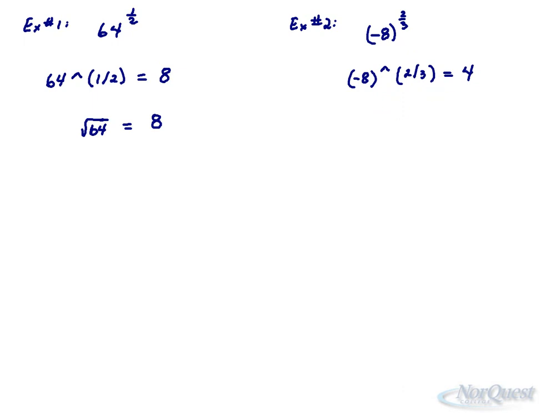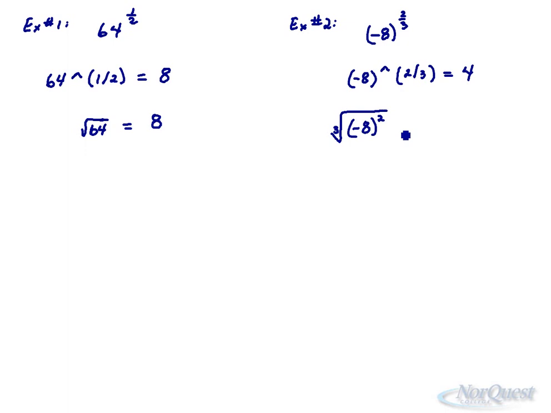If you change it to radical form, we take -8 squared, and we take the cube root of it. The neat thing with changing this to radical form is it doesn't matter whether you take the cube root first and then square it, or square first and then take the cube root.